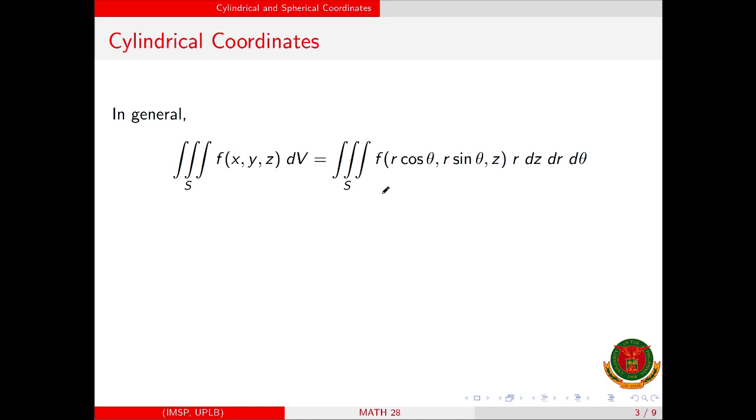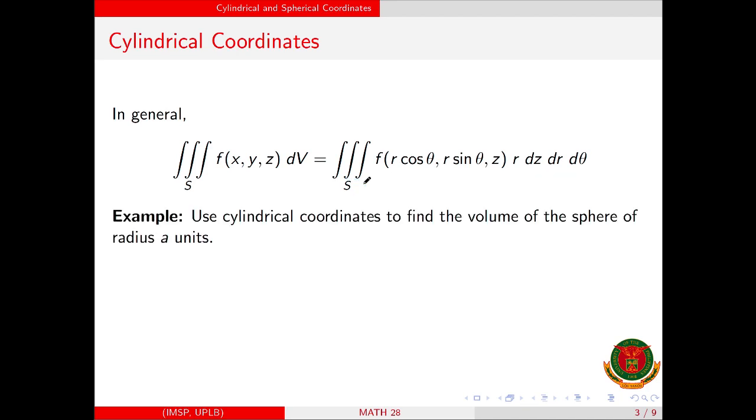That is also equivalent to this integral written in cylindrical coordinate system. Note that dV in cylindrical coordinate system is written as r dz dr d theta. They are bounded by the same solid, but the solid here on the right hand side is actually represented by the cylindrical coordinates. Let us have an example.